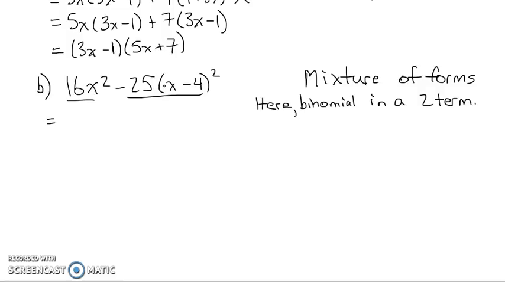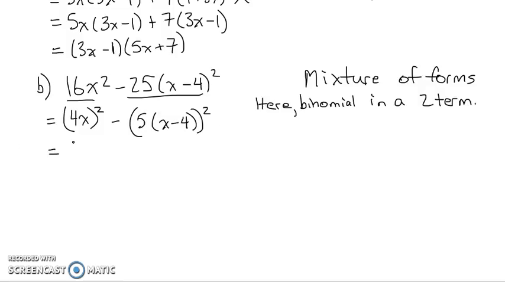16x squared minus 25(x minus 4) all squared. I hope you could recognize that we can write this first term as a perfect square, and we can write the last term as a perfect square. So I can write this as (4x) all squared, and I can write the second term as 5 times (x minus 4) all squared as well.